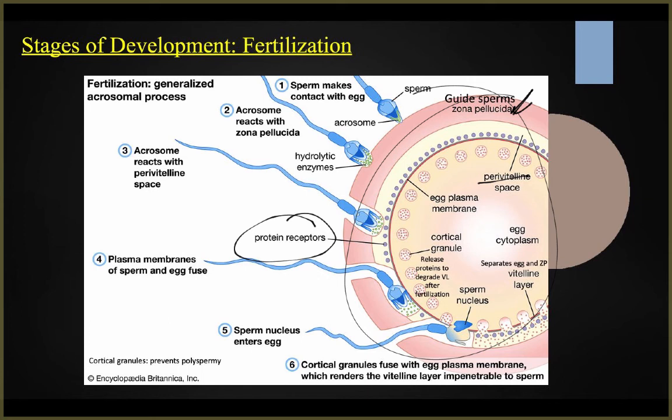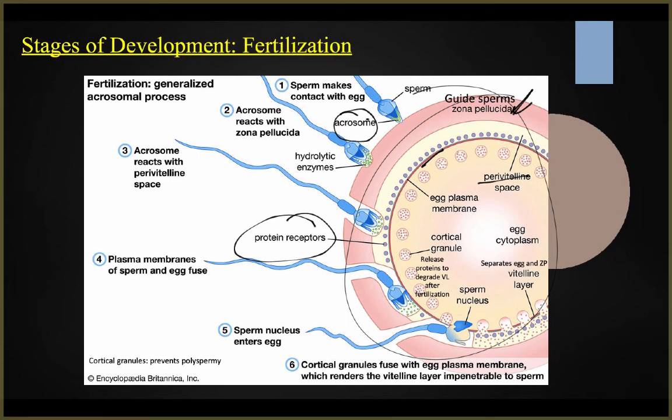Now, on the inside, you'll see that there is a nice layer that's called the vitelline layer. Now, what happens here is that the sperm comes and finds the egg, and it does this by being drawn to it by the zona pellucida. The acrosome, which is on the head of the sperm, is going to come in contact with this area, and it is going to release hydrolytic enzymes.